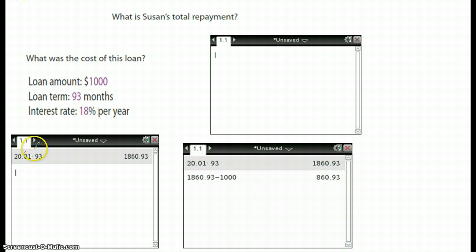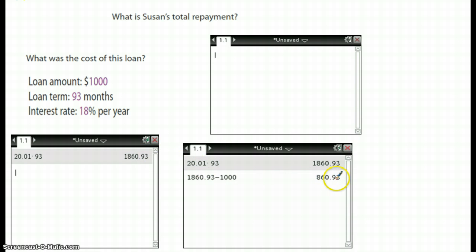If she's paying $20.01 a month, what the financial calculator figured earlier, and it's 93 months, then $20.01 times 93 means she's going to pay $1,860.93 back.